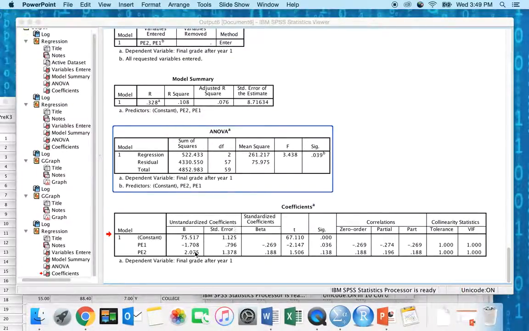So this is 1/2 the difference. If you just looked at the two means for parental education, you would see that half the difference between the college and graduate level on final grade after year 1 is 2 times this number.